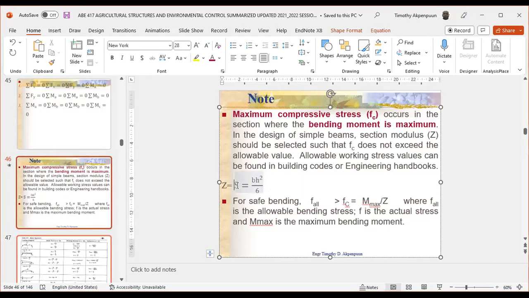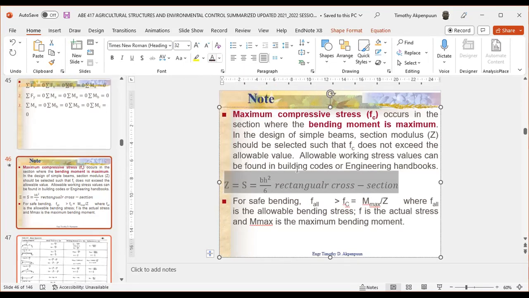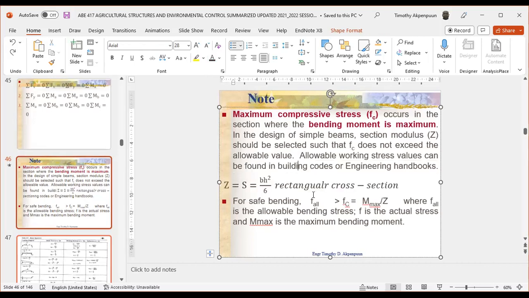It's either Z or S, depending on what you want. This is the section modulus for a rectangular cross section.